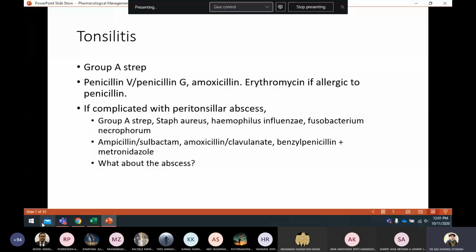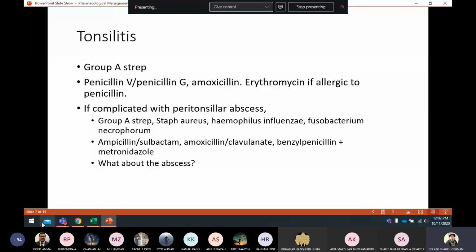Because in peritonsillar abscess, there is a high index of suspicion for anaerobic bacteria. In fact, anywhere in your body, when you find an abscess, you always consider the possibility of the abscess being caused by, or having the presence of, anaerobic bacteria.